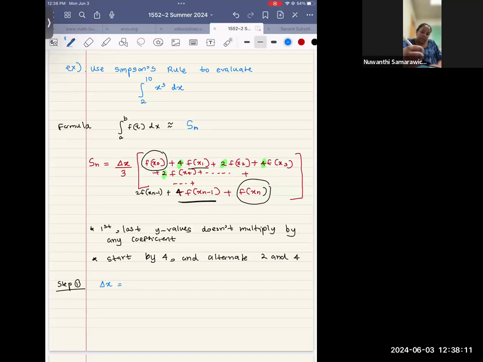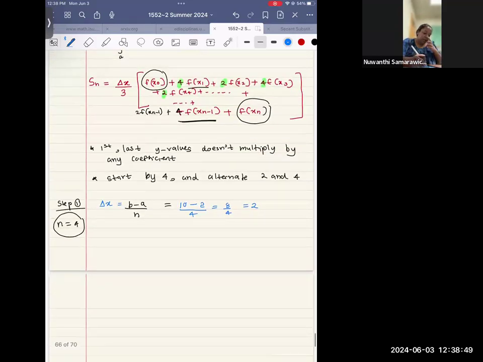Oh, sorry, I forgot to mention n. n is equal to 4. We are going to use 4 subintervals. So delta x is b minus a divided by n, where b is 10 and a is 2, divided by 4. So 8 divided by 4 is just 2. So the length of a subinterval is 2.